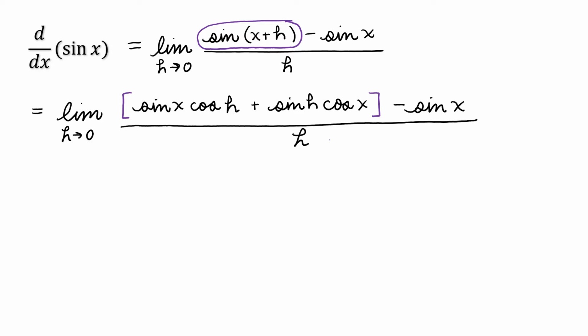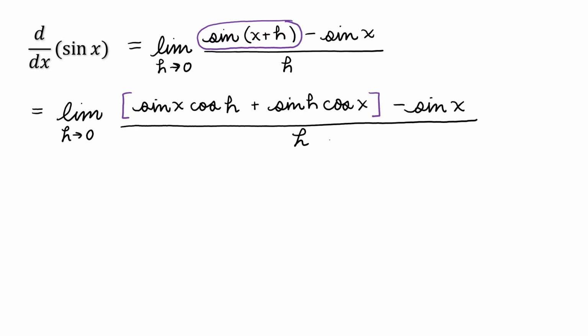So there's going to be a couple things guiding our next decisions. The first thing is that we have the limit as h approaches 0. So the sine of x's and cosine of x's aren't going to be impacted by this limit. So we can kind of separate them off.